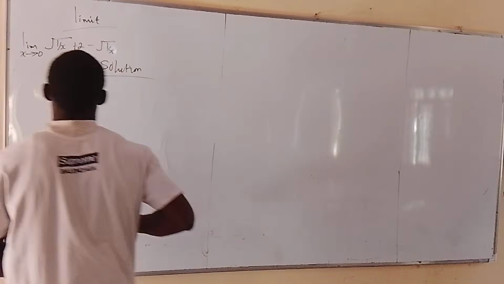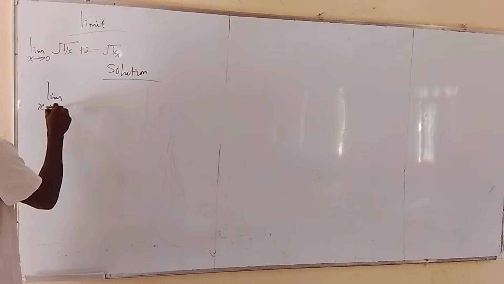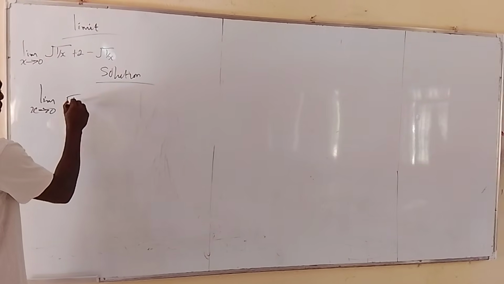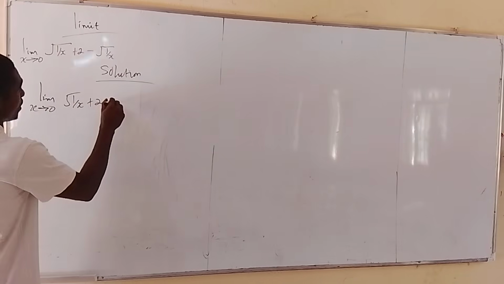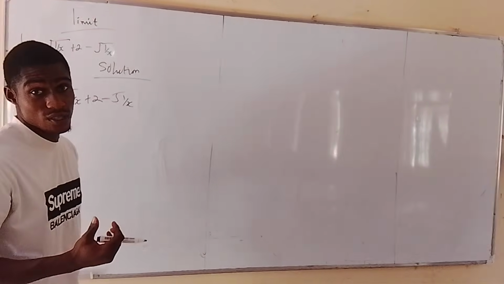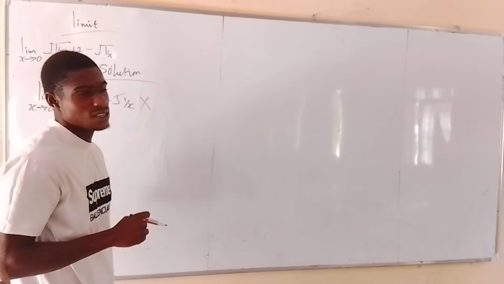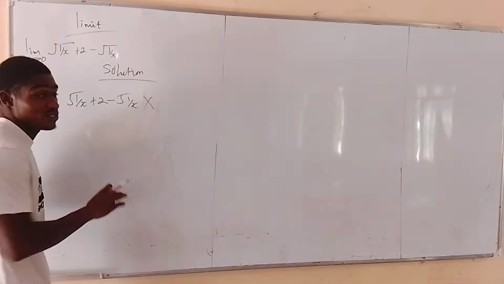We're going to rationalize. So I'm going to have the limit as x approaches 0 of root (1 over x plus 2) minus root (1 over x). Which method are we using? Rationalize. So you multiply it by what? A conjugate. The conjugate is just the same expression with a different sign.